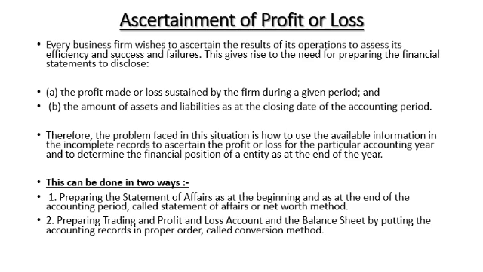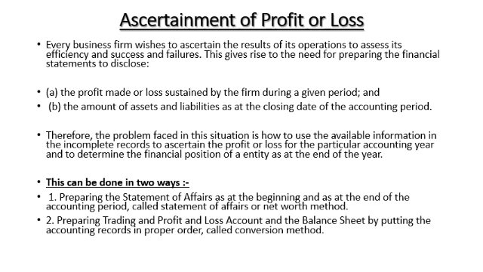This gives rise to the need for preparing the financial statements to disclose two points: the profits made or the loss made by the business organizations over one particular period, and the second is the amount of the assets and liabilities belonging to that accounting period.